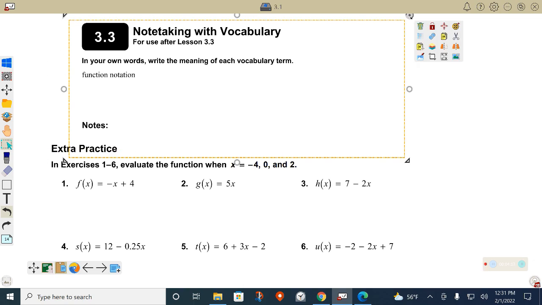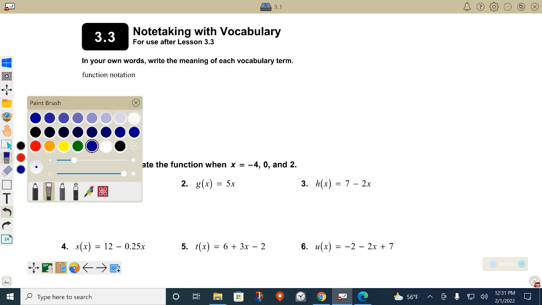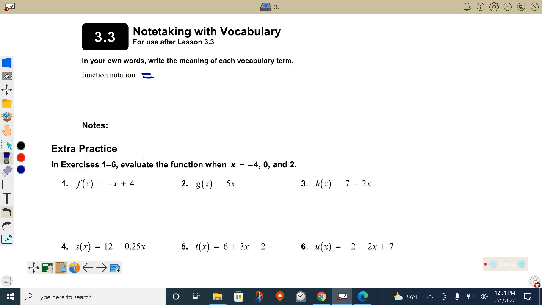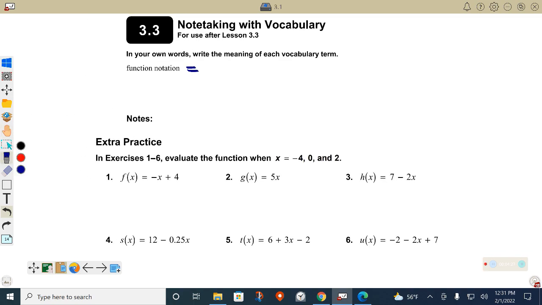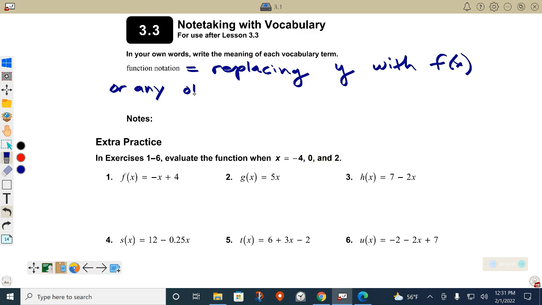All right, what is function notation? Write this with me. Go ahead and write this with me on that first vocabulary word. Function notation is replacing y with f of x or any other function name.